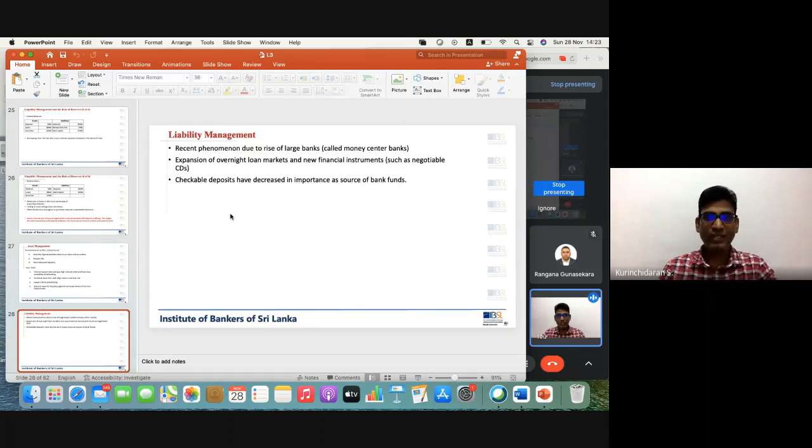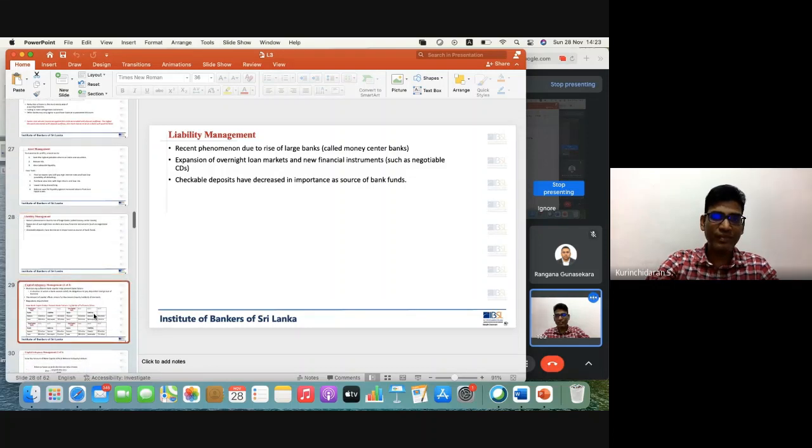Even if they lose it, they can quickly capture it back, right? So that is the confidence banks have, and that's what they always want to go for, current account, saving account deposits. But when it comes to fixed deposits, they give a little bit more interest rate, so they can have it until maturity. Okay, so this is liability management.